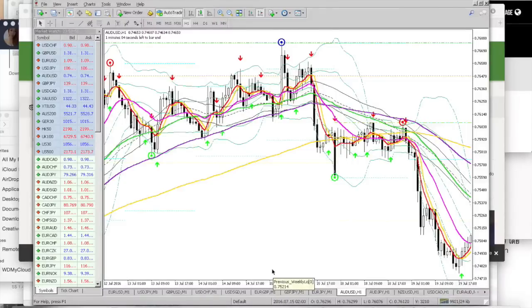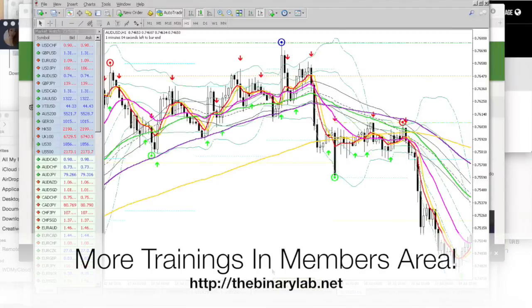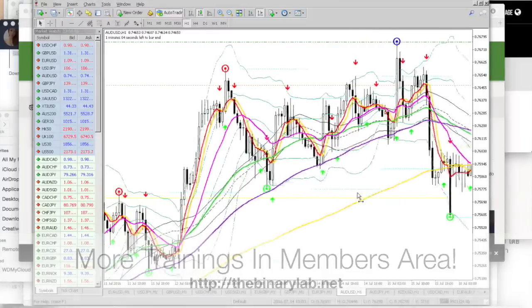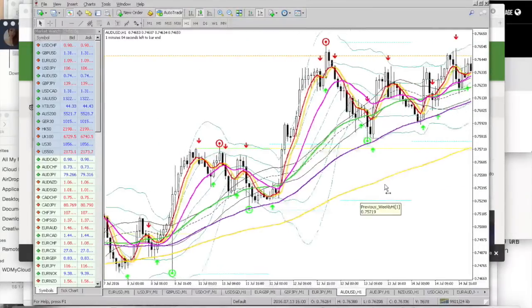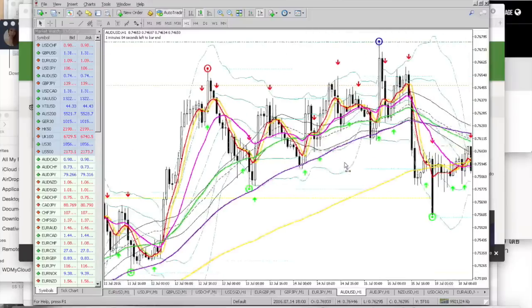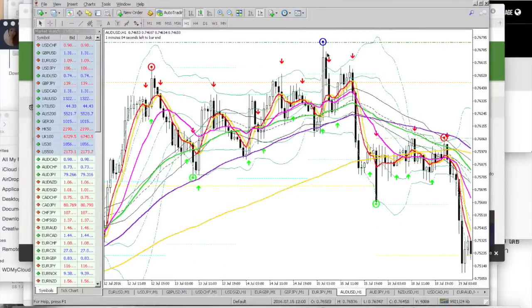The first is that a reversal trade can be taken on a market reversal. What I mean by a market reversal is, okay, let's zoom out. I want to mark out this point because this is when it basically topped out and went down. So I'm going to put a vertical line over here to mark out that spot.